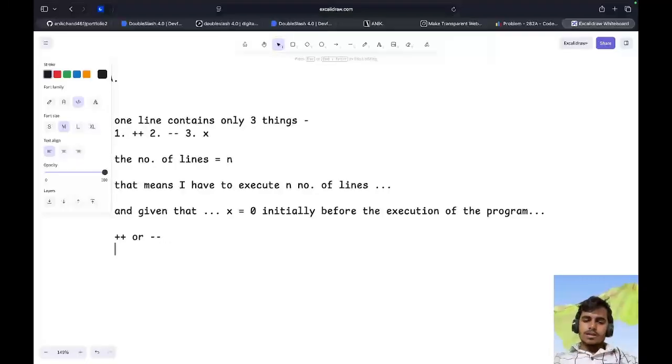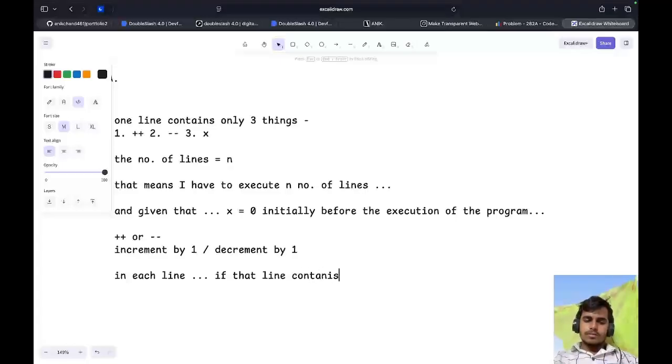For plus plus, that is increment by 1, or minus minus, that is decrement by 1. So the main thing is, in each line, if that line contains plus plus, do the increment, else do the decrement.